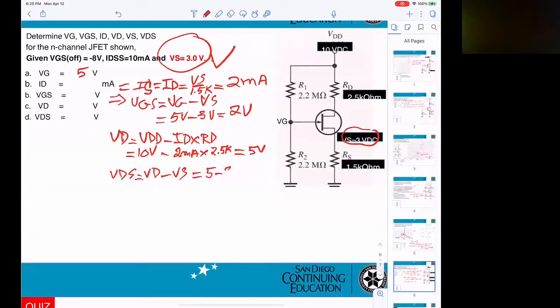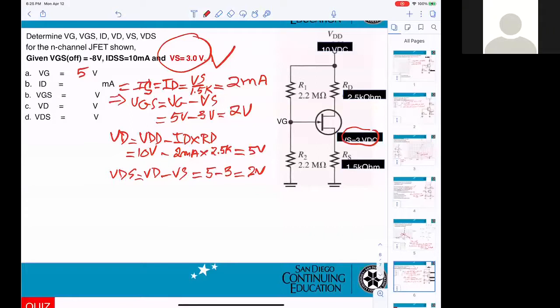So Mr. Pham, I have a question. We learned earlier that the JFET normally has the gate source junction reverse bias, but in this example, the gate to source voltage is positive.